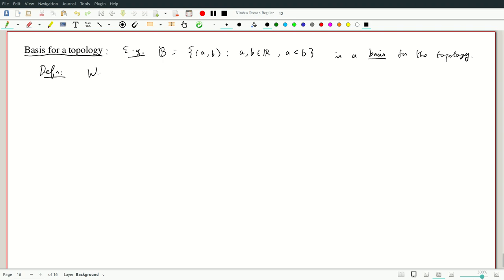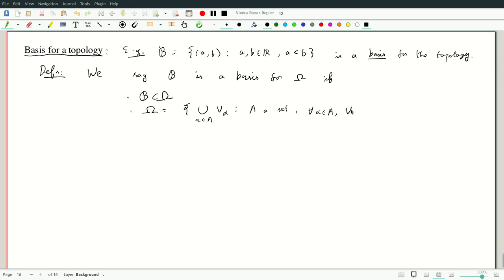So similarly we say B is a basis for omega if, first of all, B is contained in omega, so every element in B is open, and it might be cleaner to write: omega is the set of all unions over alpha in A of V alpha, of collections such that A is a set and for all alpha in A, V alpha belongs to B.